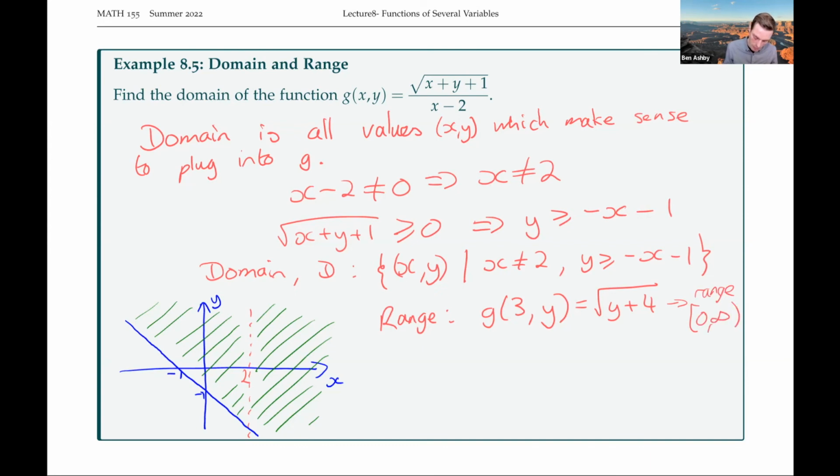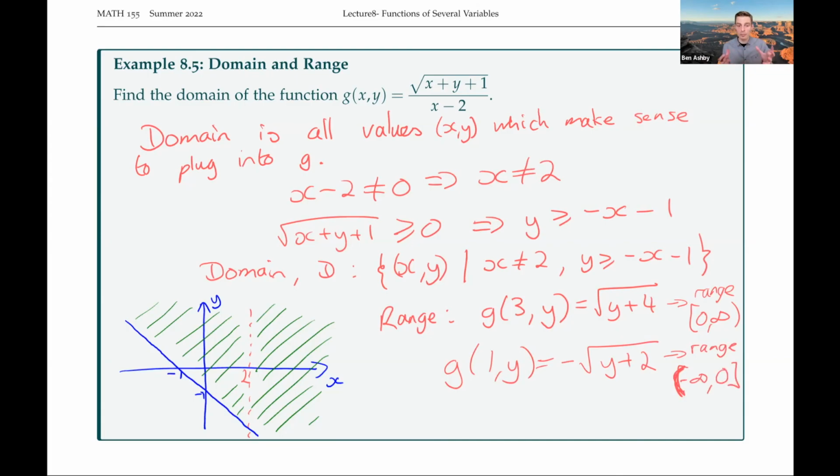And then if we think about g of 1, y, so now we're going to fix x equal to 1, this is just equal to minus the square root of y plus 2. Okay, and this is negative, so this has a range going from minus infinity to 0.